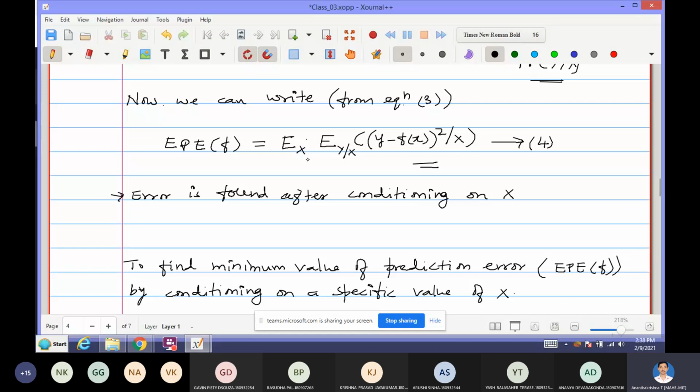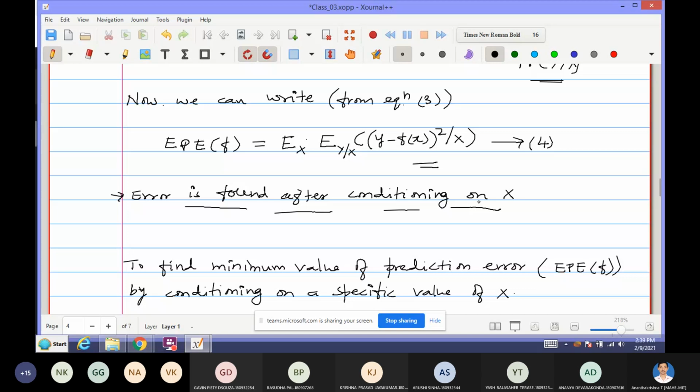Note that it is for a given value of x, so the uncertainty is therefore over the value of y. Uncertainty lies on the value of y. What is the expected value of y given the x? Hope that point is clear. So the error is found after conditioning on the input x.